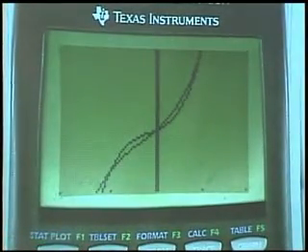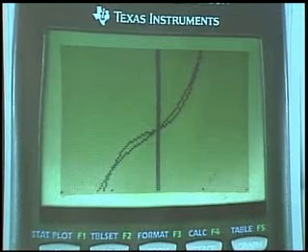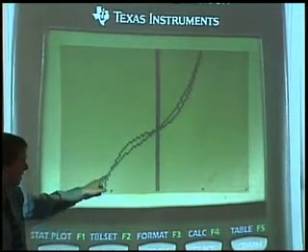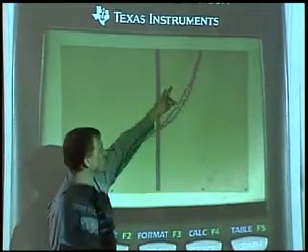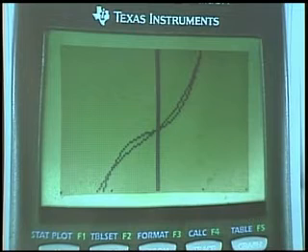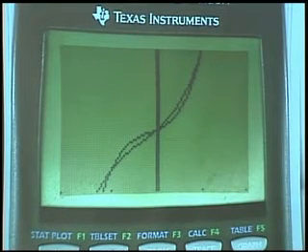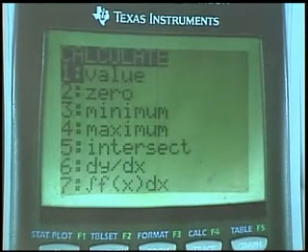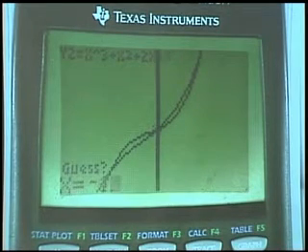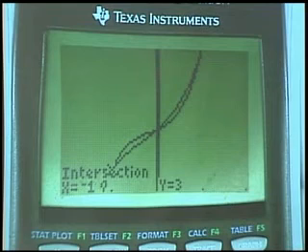Now, the major difference that I want to point out on this equation though is that when we try to set this up, well, let's go ahead and find all these intersection points first. Let's find them all, and then it'll be easier for me to explain this idea. So, second calculate intersect. The first intersection is right at -1. So they cross at -1.